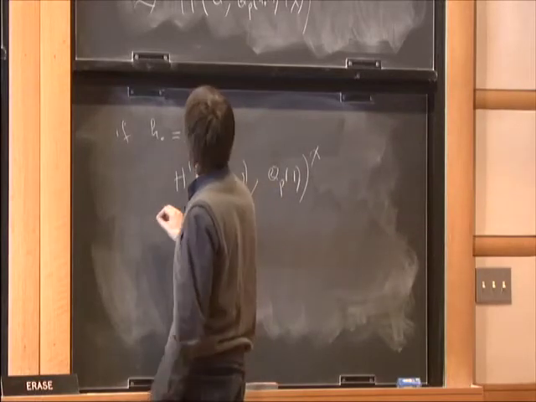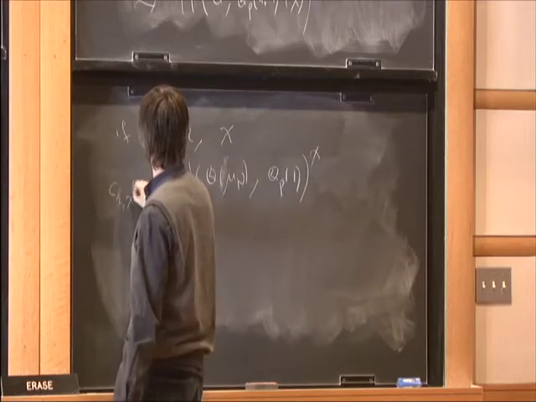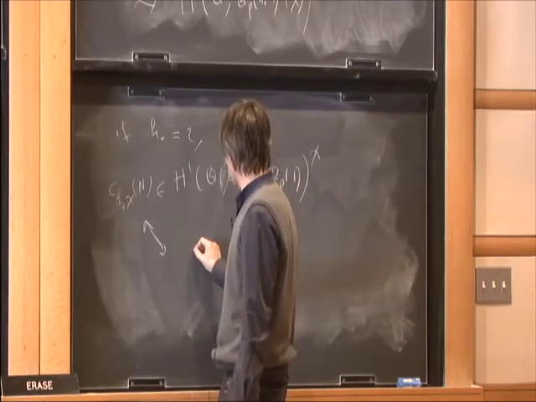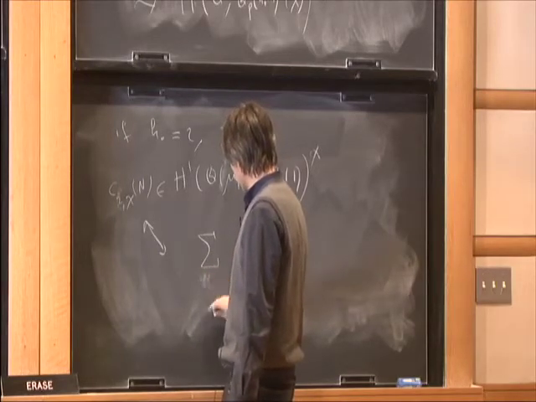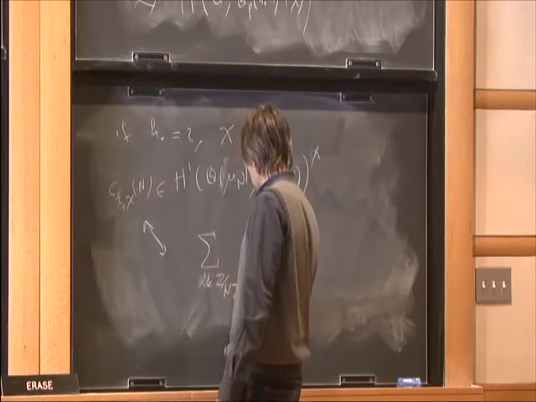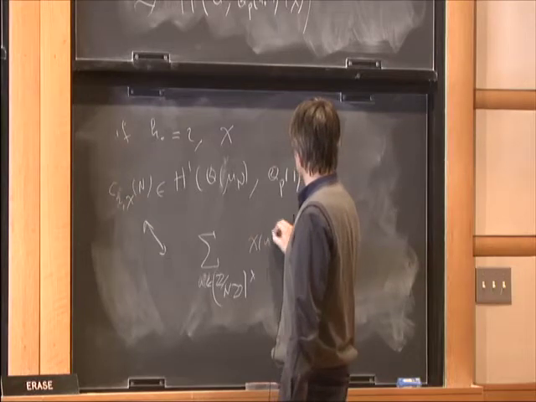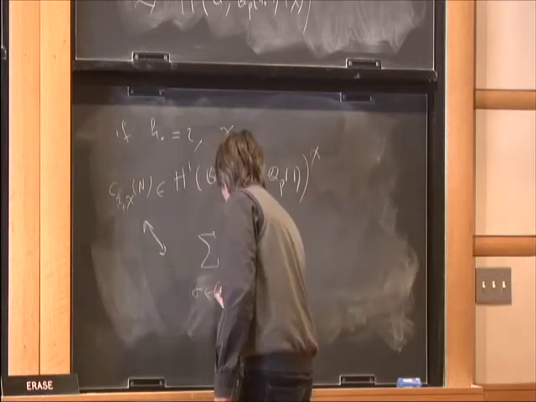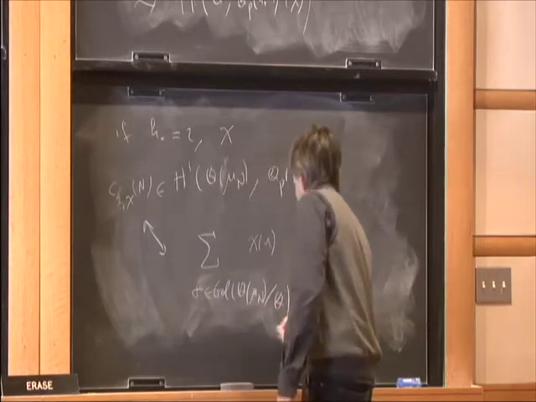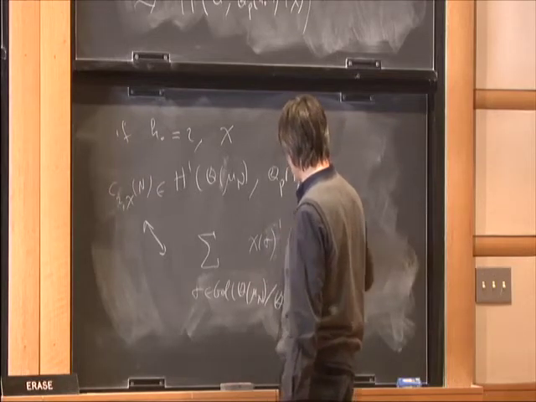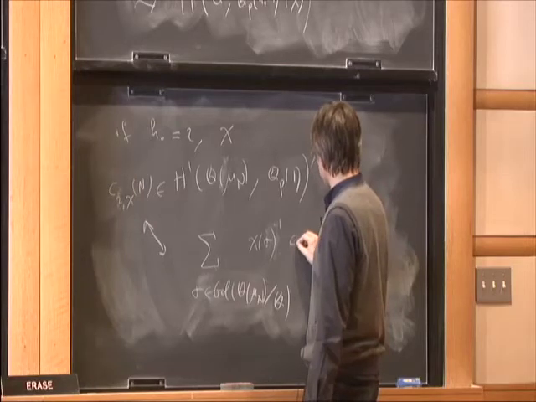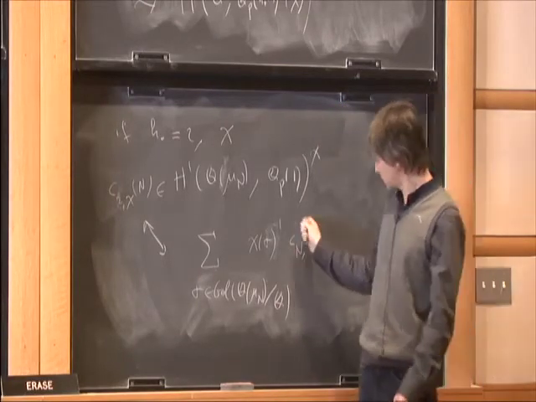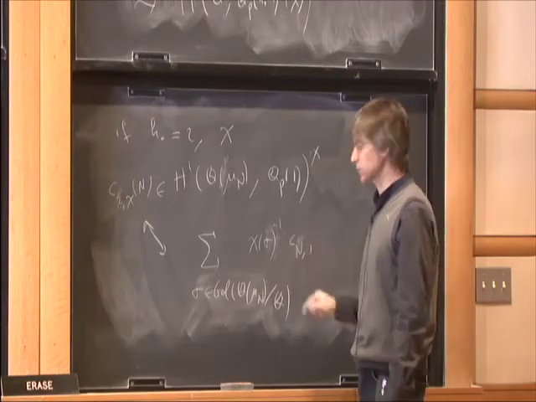And so this class, let's call it c_2,chi(N), should be related to the following. Take the sum over sigma in Galois of Q(mu_N) over Q, put chi of sigma inverse, and take c_N, which I defined at the beginning of this lecture, which is the image by the Kummer map of the cyclotomic unit twisted by sigma.